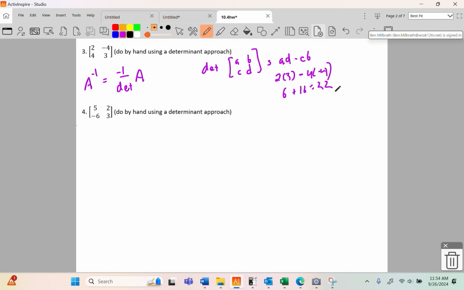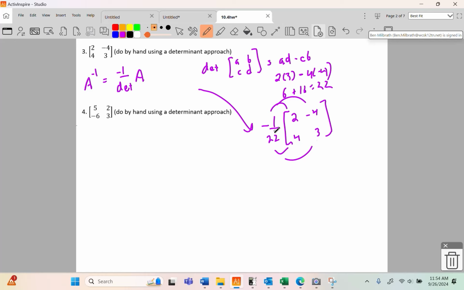We're going to check and see if I'm right on this, because I have not done this in forever. Anyways, I'm supposed to do negative 1 over the determinant, negative 1 over 22 times this guy, and then I basically do the distributive property.